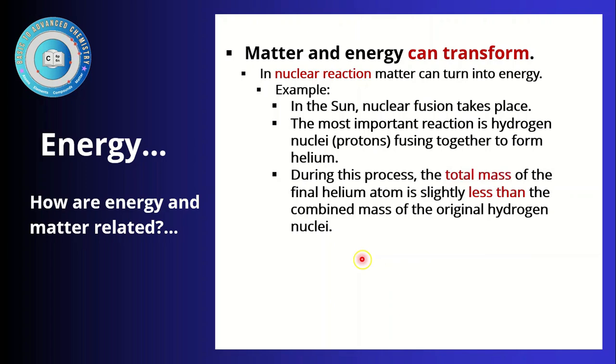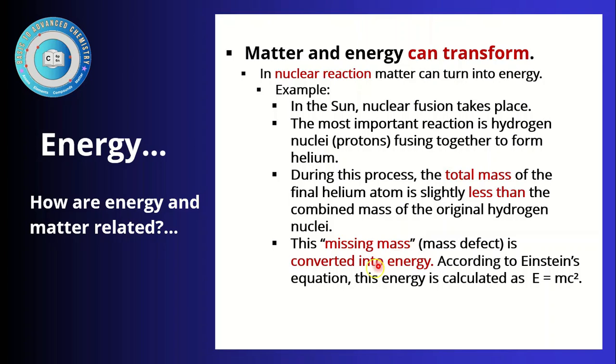During this process, the total mass of the final helium atom is slightly less than the combined mass of the original hydrogen nuclei. The missing mass, the mass defect, is converted into energy. This is calculated according to Einstein's equation, E = mc².